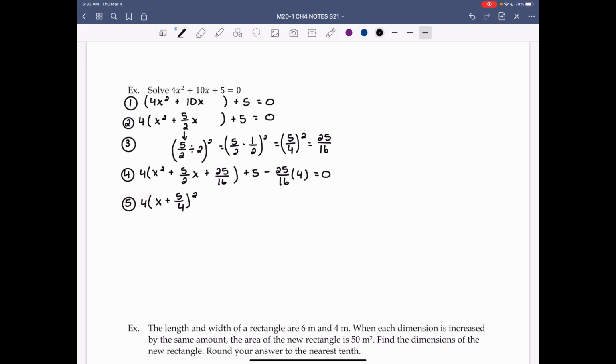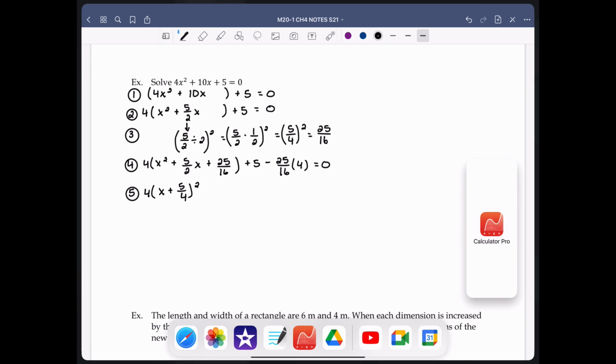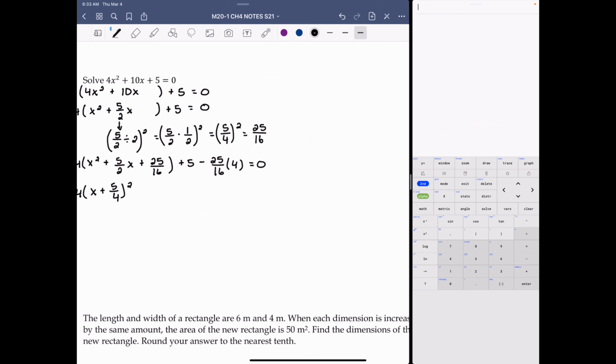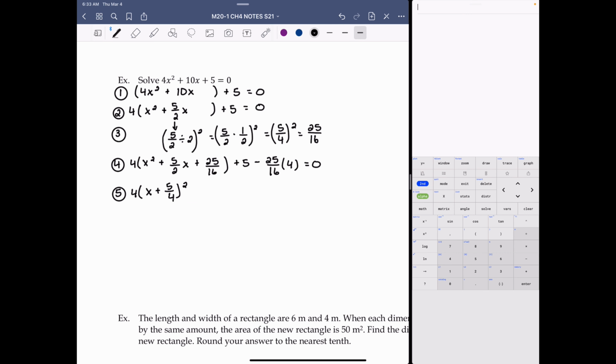Then I'm going to use my calculator for the constant. We have 5 minus fraction 25 over 16, move out of the fraction, times 4. That gives me negative 5 over 4.